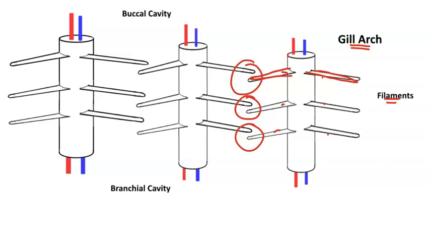Now we should be aware that the water flow is coming from the back here, which is the buccal cavity, across the filaments, and then out into the branchial cavity before exiting through the operculum slit to the outside. And this flow is maintained by the buccal pump, which we previously discussed.